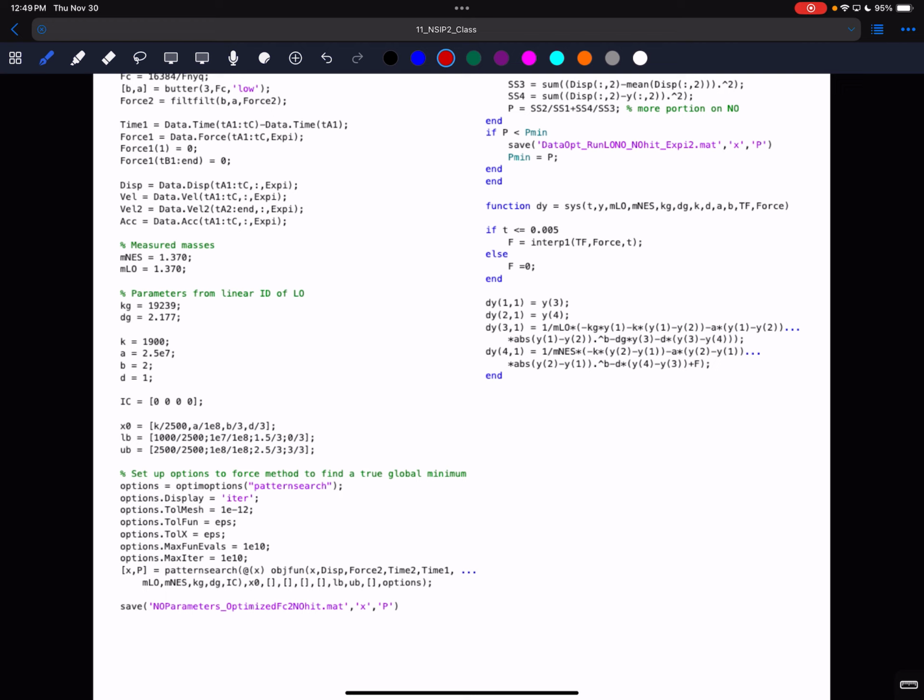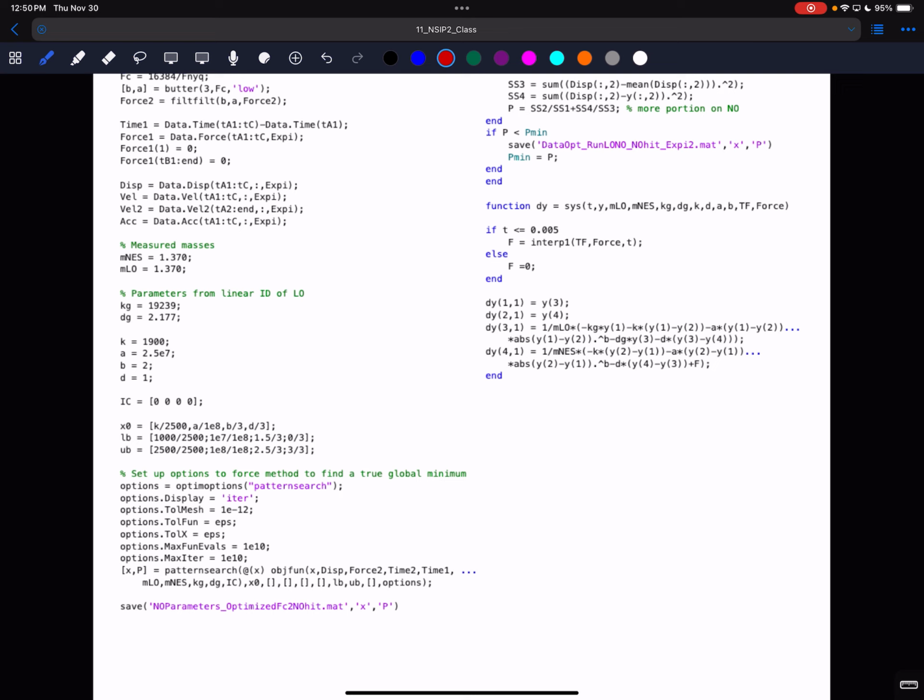I'm not sure about this particular system, but I've done this before where it will go down to a mesh size of like 10 to the minus 10, and then actually come back out and go all the way up to a much higher mesh, and then go down, and it will oscillate at times to find better ones. That is why this takes so long to find this true minimum. Without these settings, it doesn't necessarily take that long. That's the price we're paying to really try and force it to find as close to a true minimum as we can.